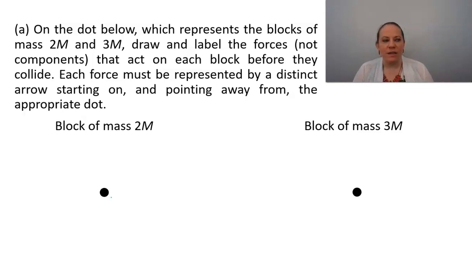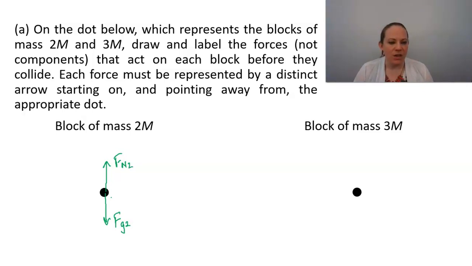So on the block of mass 2m, we are going to have its gravitational force. I'm going to call it gravitational force 2 because it's the 2m block. And then we are also going to have an equally sized normal force that I'm just going to call normal force 2 because, again, it's on the 2m block.